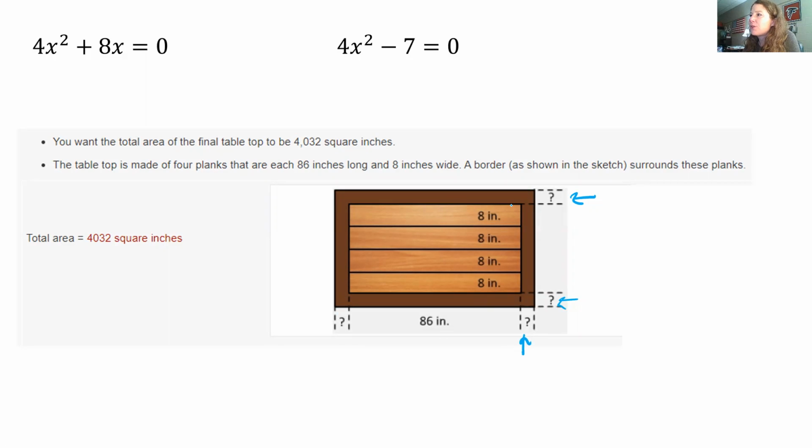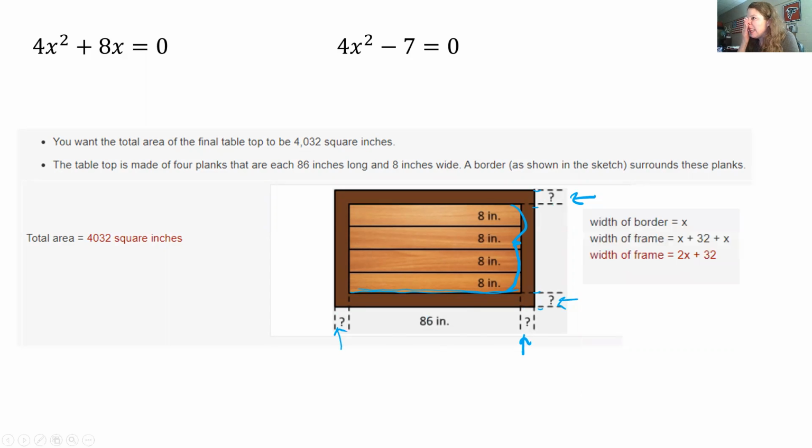This is going to be 32 inches right here, correct? But then we have these two unknown borders we would add into that. And the light brown part of our tabletop is 86 inches, but we also have to account for these two unknown border lengths as well.